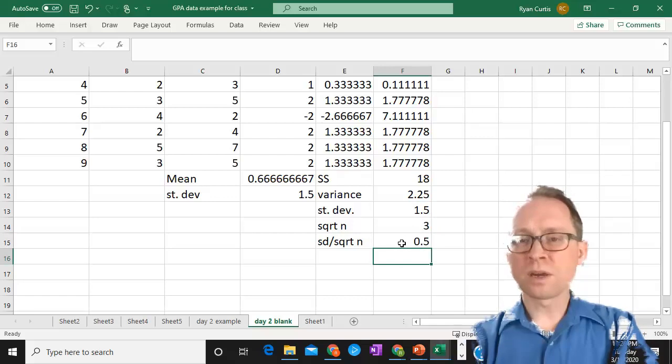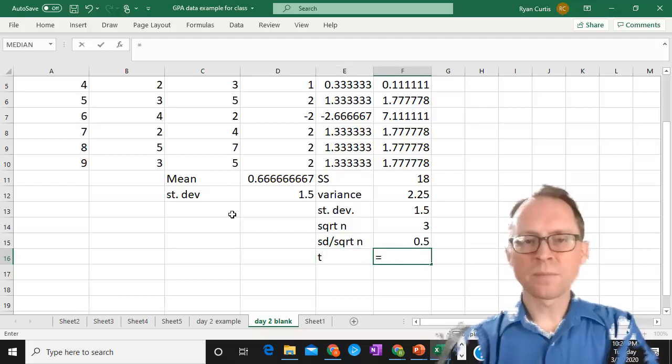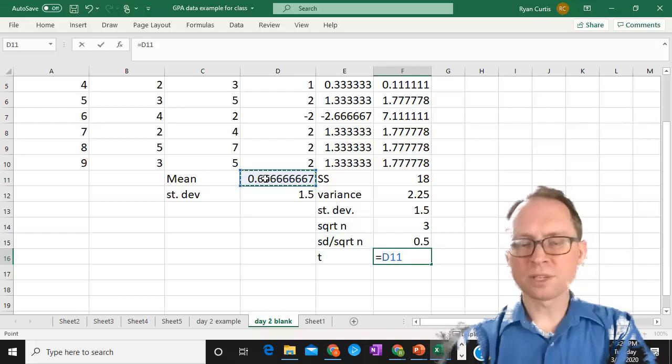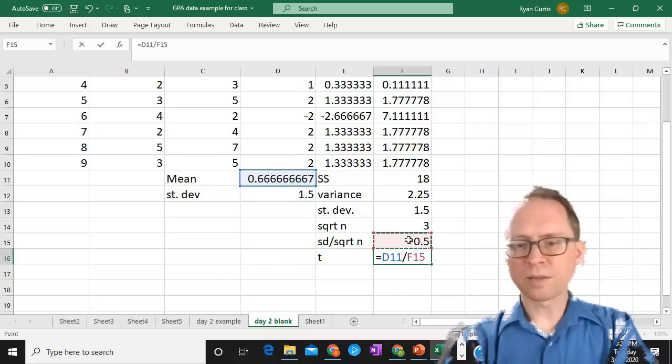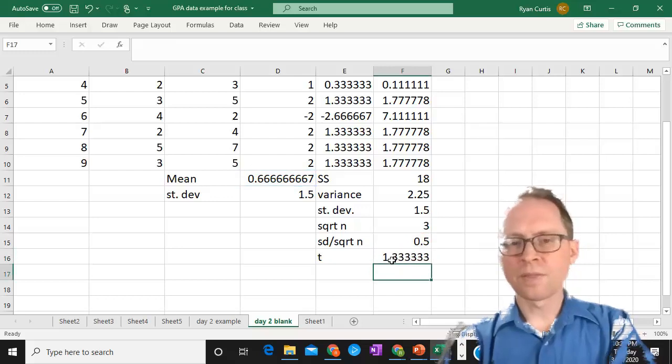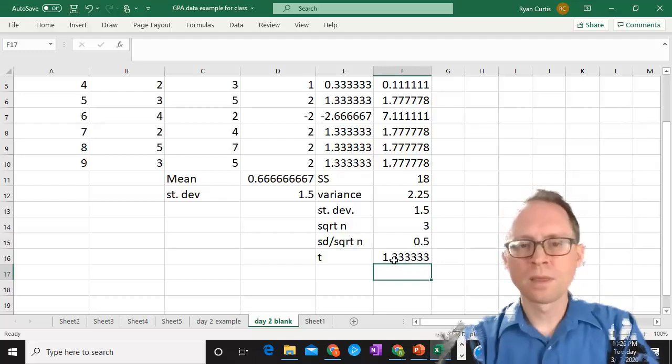So this is what we're going to divide our mean by, okay? So that means that t is going to be this minus 0 divided by the standard deviation divided by the square root of n. And that's our t statistic, 1.3333 repeating. Okay? That's our paired samples t.